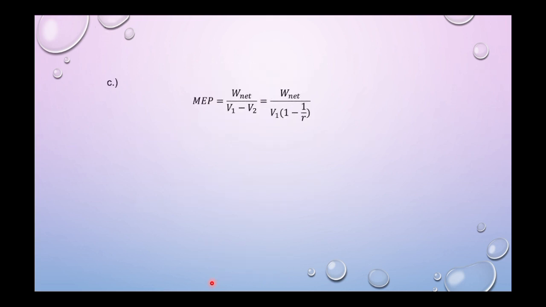Next, to find the MEP, MEP is equal to Wnet over V1 minus V2, or Wnet over V1 times 1 minus 1 over r. So substitute, MEP is equal to 2.16 kilojoules over 0.0015 cubic meter times 1 minus 1 over 18.75. So simplify, our MEP is equal to 1521.13 kilopascal. Thank you for watching.